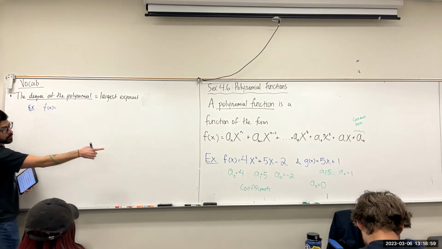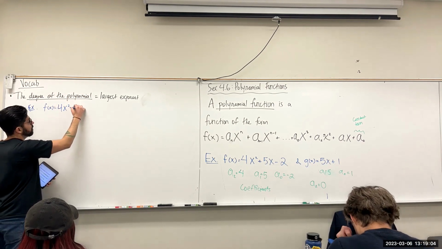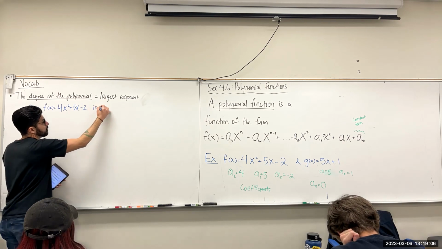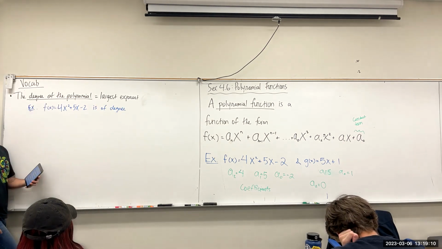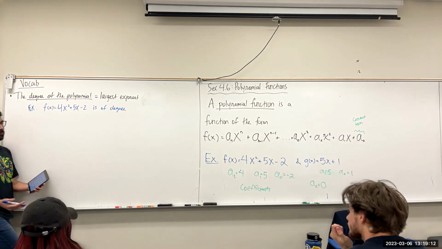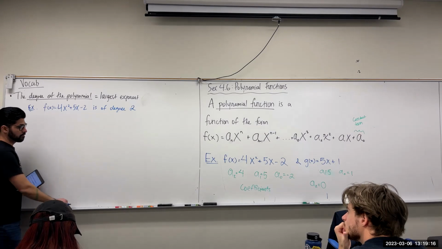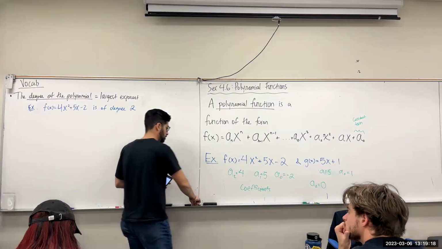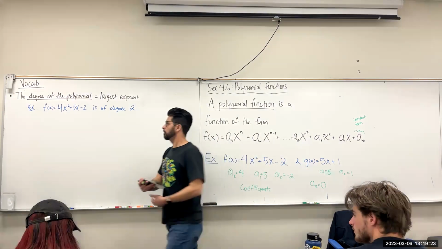So the example that we have here, 4x squared plus 5x minus 2, what's the degree of this polynomial? 2. The highest exponent, which is 2, so it's of degree 2. What's the degree of g? 1. Good.